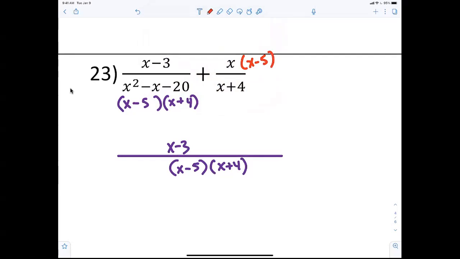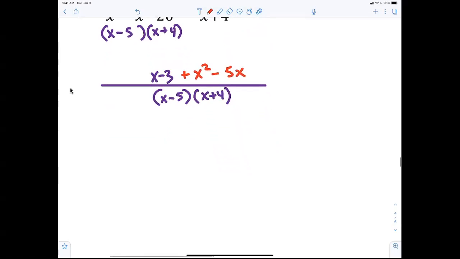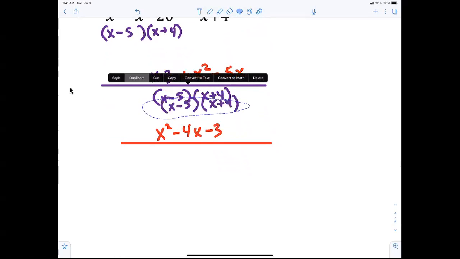So then that becomes x squared minus 5x. Anybody have any issues with that? Now if I simplify that, what is it? X squared minus 4x minus 3. And then we just duplicate the denominator and slide it down.